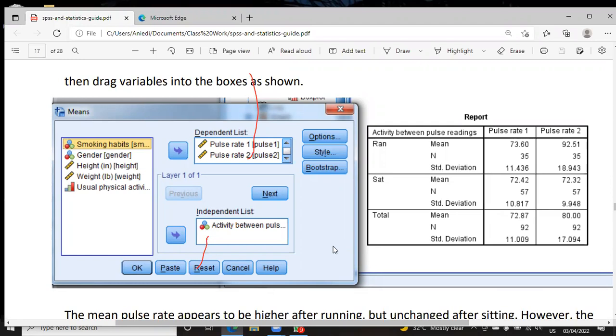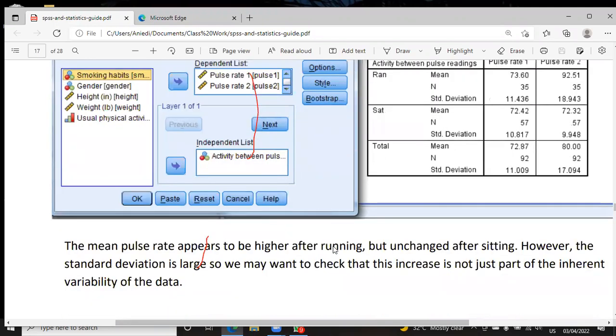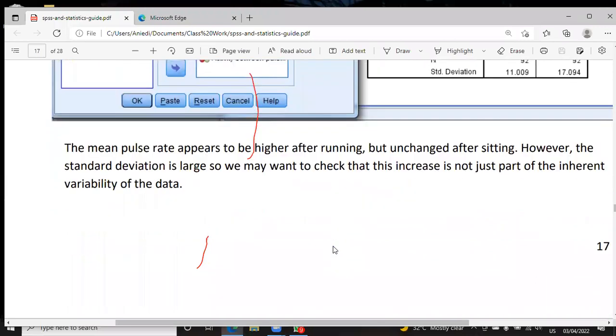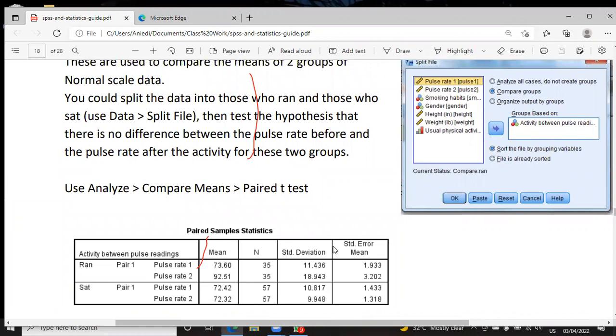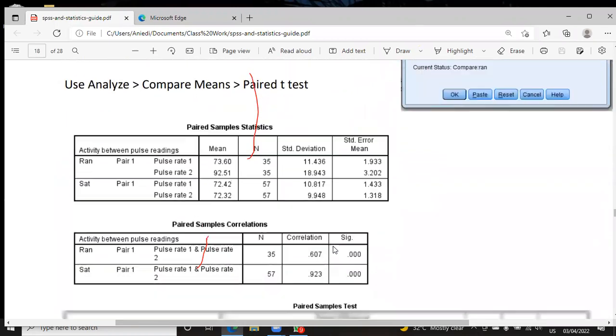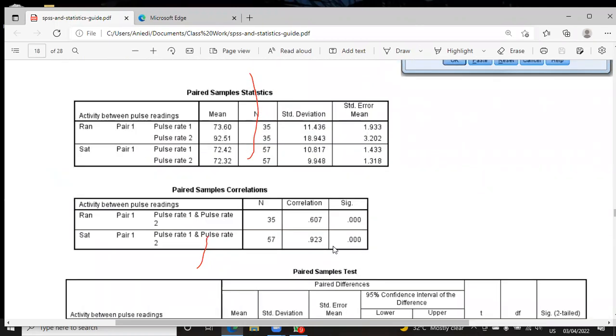You just want to know which gender is contributing more to what you are speaking on. You understand? Yes, sir. So that was what I was saying there. So if you look here, they did exactly what I expected. They did the analysis using the paired t-test.